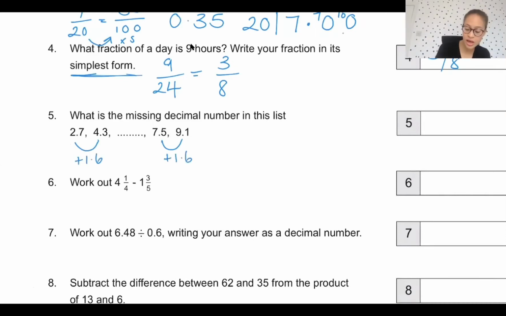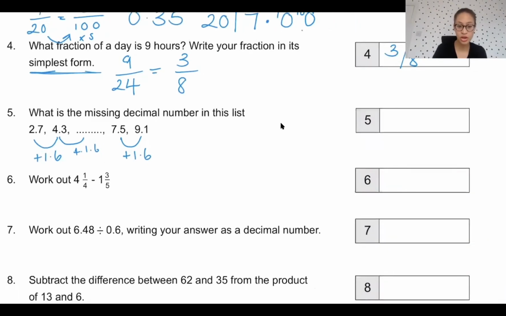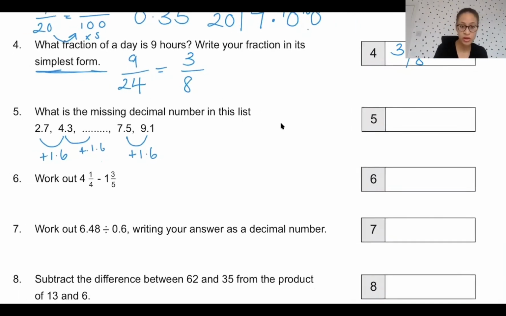And then we need to add 1.6 to 4.3. I've already had one answer, but you were being too hasty because you gave me 5.6 and that's wrong. Yes, good. So thank you for all of you that have given me the answer in here. So the answer is 4.3 plus 1.6, which is 5.9. Good.